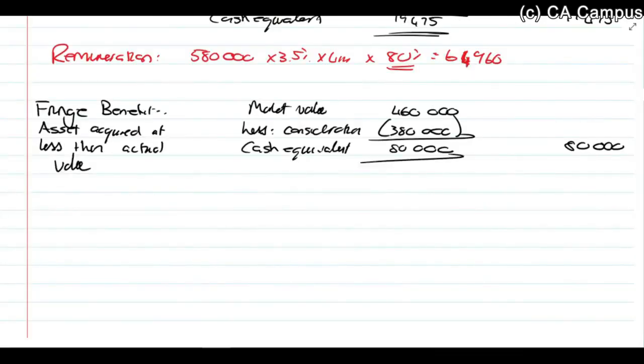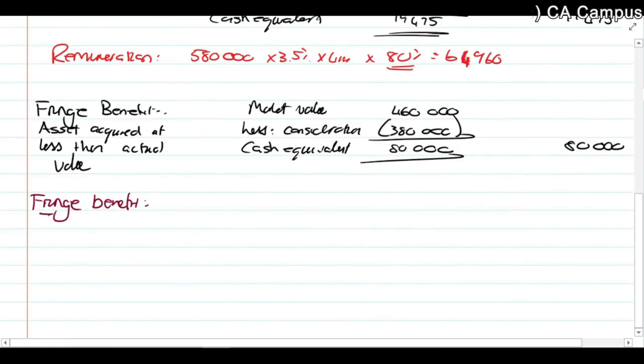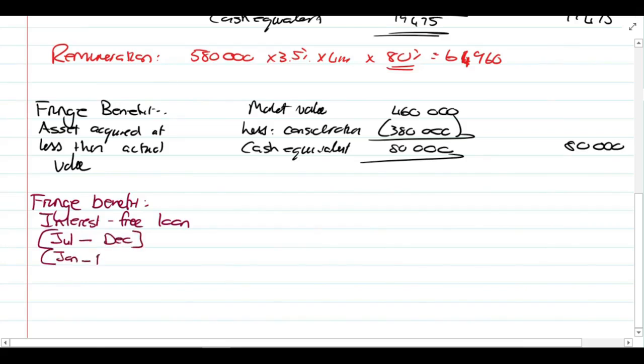Okay, so let's go, and this is the fringe benefit, the interest-free loan. So from July, that's when we got it, until December, we had one value, and then for Jan and Feb, we had the lower value once we've paid the 65,000.